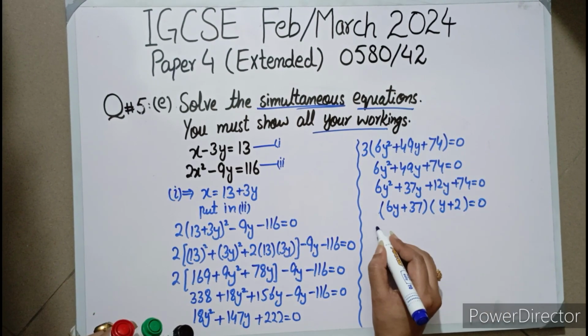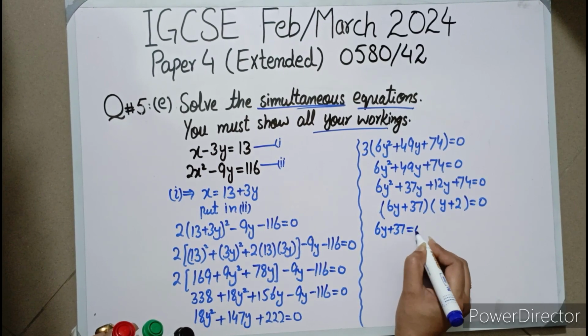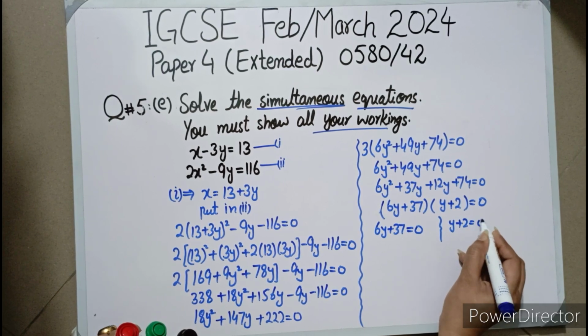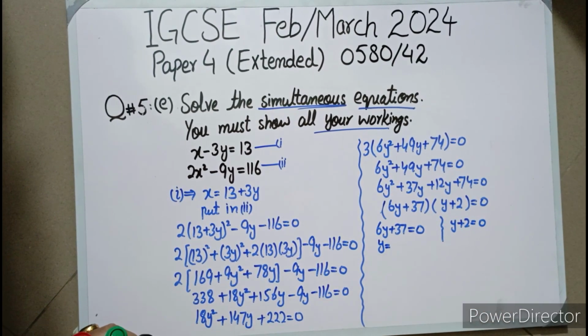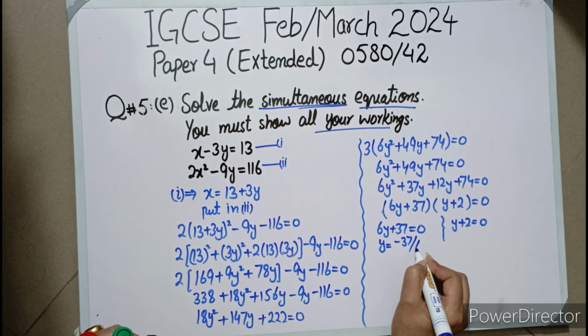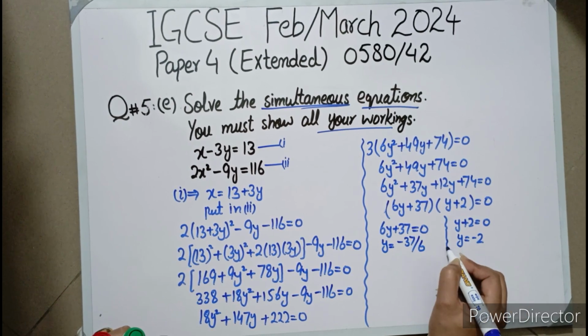Here you will get the two values of y: 6y plus 37 equal to 0 or y plus 2 equals to 0. So the value of y is minus 37 by 6. From here you will get the value of y equal to minus 2.